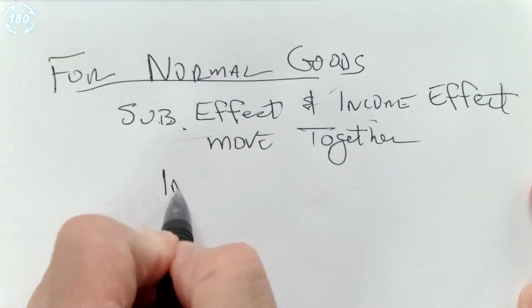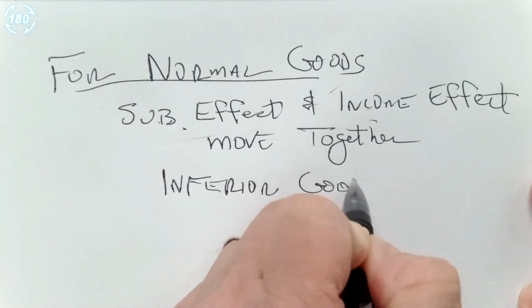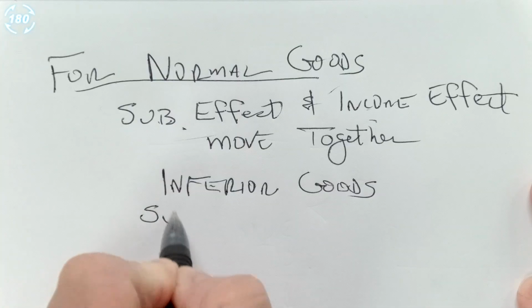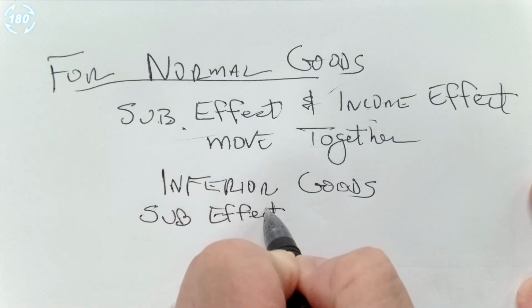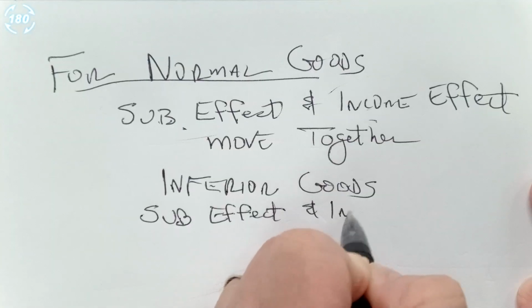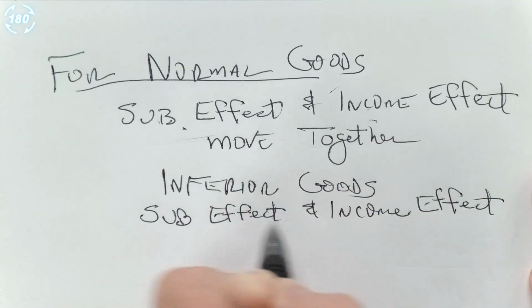But for inferior goods, the substitution effect moves oppositely from the income effect. Now, the substitution effect's pretty obvious, I think.